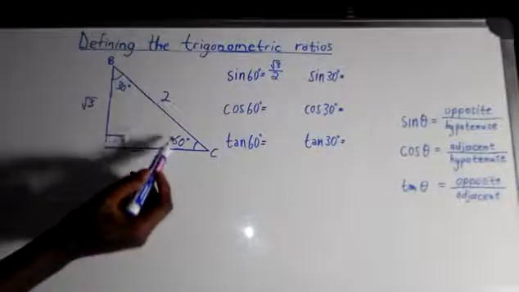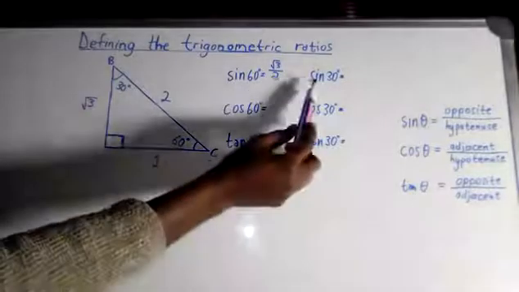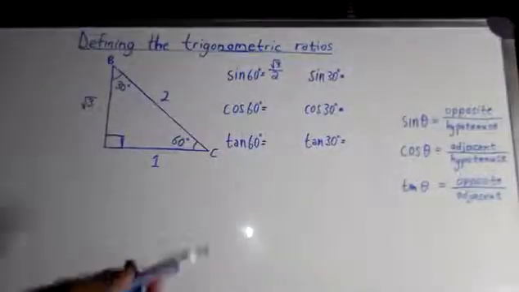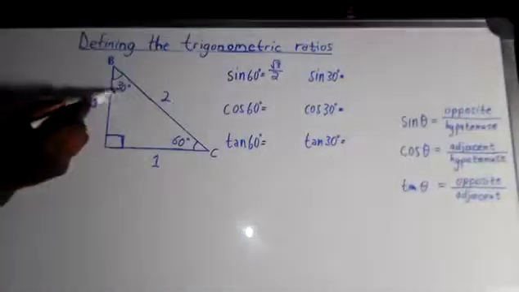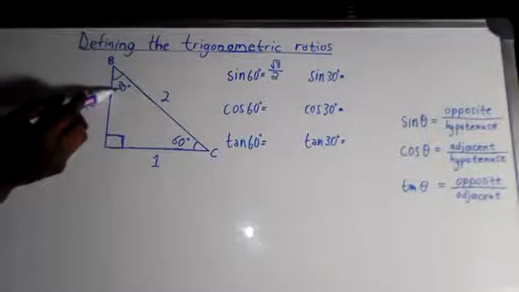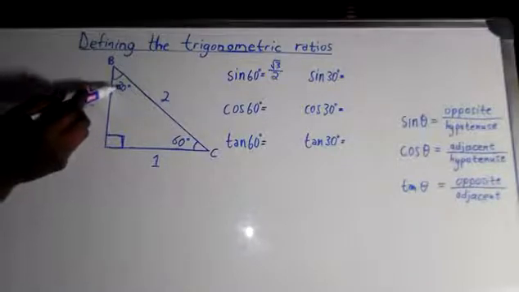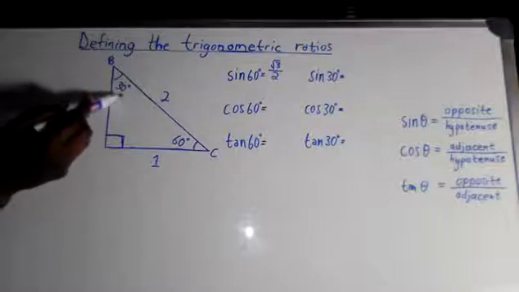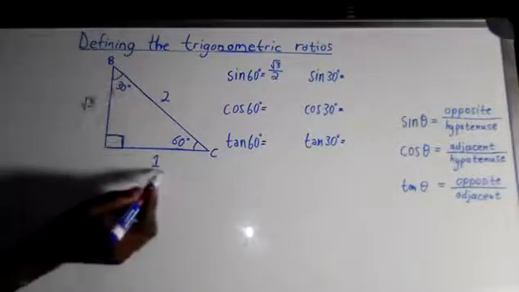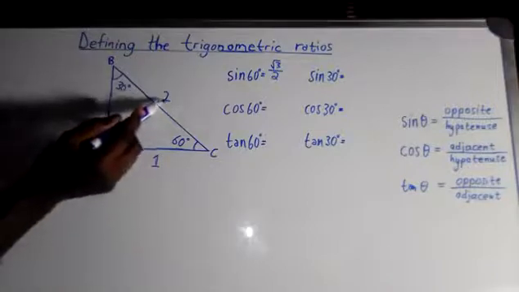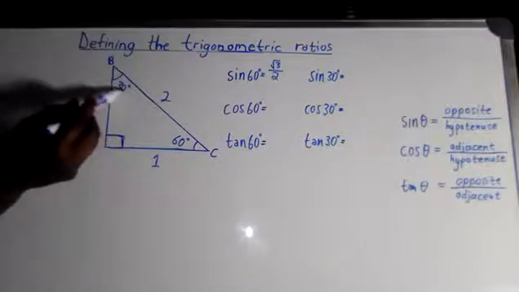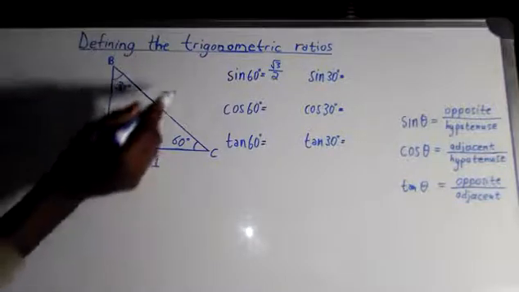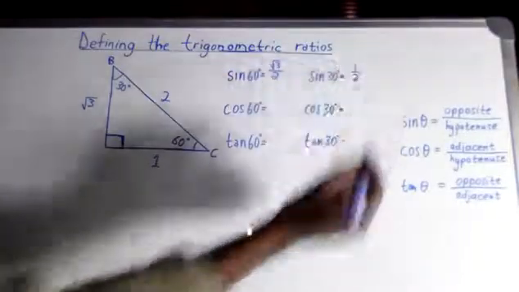That's for 60 degrees. But now, what is sine 30 degrees? Now we are working with the angle 30 degrees. You go to your 30 degrees angle. Now, what is your opposite? Opposite is always opposite your angle. So your opposite now is 1 and your hypotenuse does not change. It always remains the same. So sine 30 degrees is opposite over hypotenuse, which is 1 over 2.